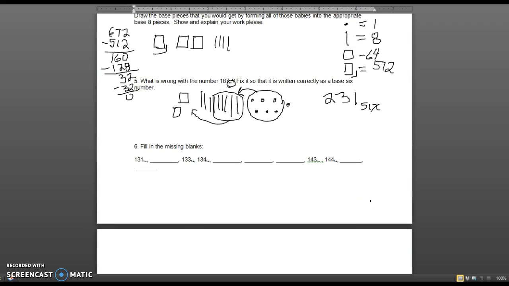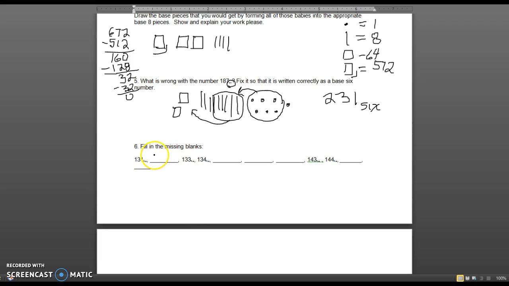Alright, the next problem is essentially I'm counting in a base, and so I have to make sure that I keep rolling over to the next place value. So I'm filling in the blanks, I'm finding the pattern here, and I have to make sure I know what I'm counting by. And it looks like I'm going up by 1s, from 133 to 134, 143 to 144, that's telling me I am.